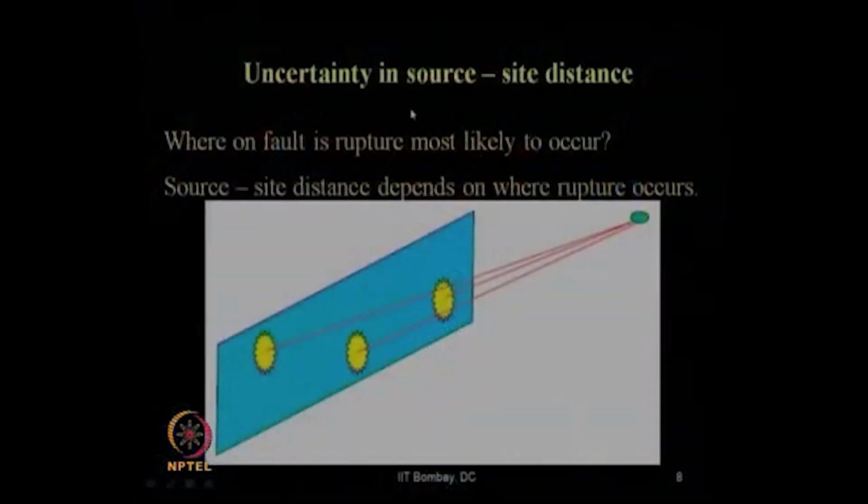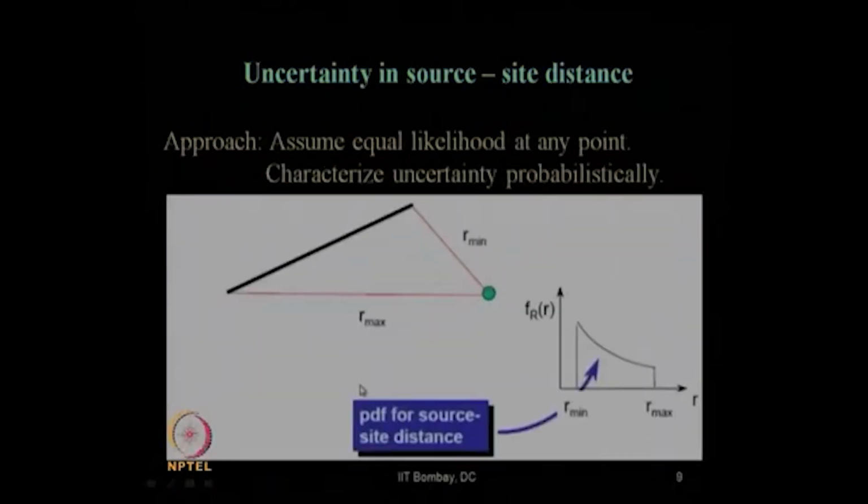Then we have seen the uncertainty involved in the source to site distance. We can have various source to site distances if the fault or the rupture is of a large area or large length. So, what is the mode of considering this uncertainty?